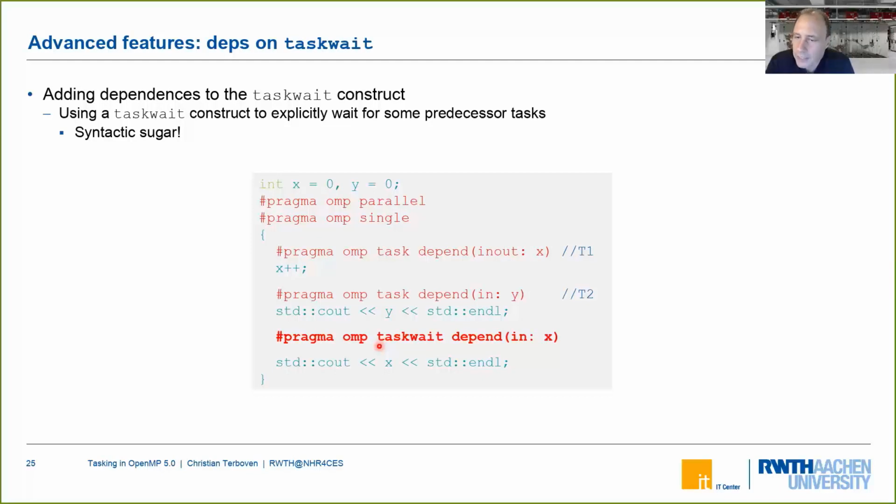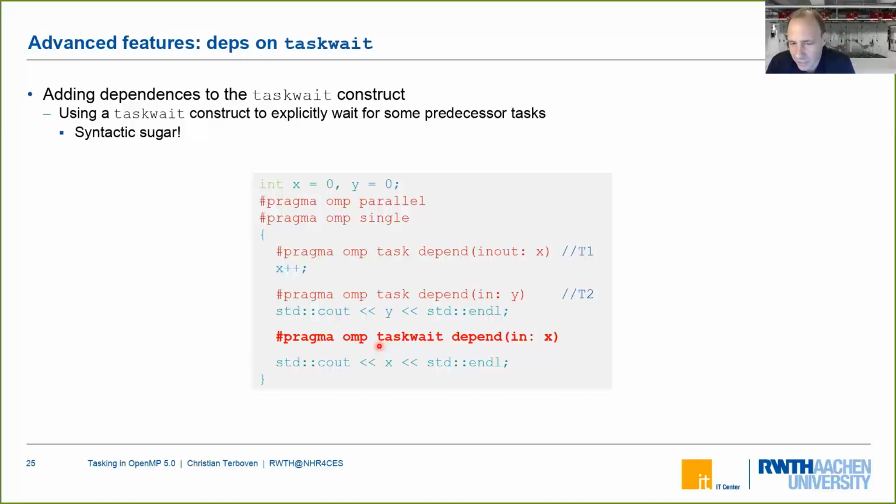However, you can also make good use of that in the context of accelerator programming. For example, when you want to update data on the device asynchronously to making progress on both the host and the device, and then before you launch the next kernel on the device, you have to wait for the update task to be completed.